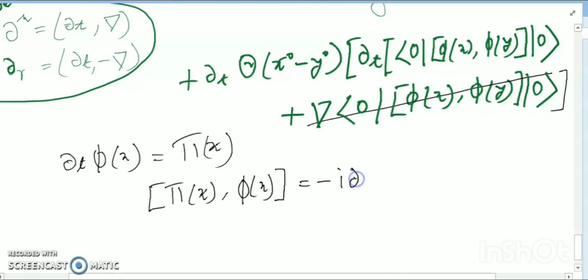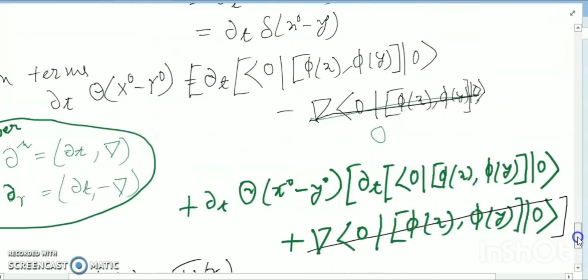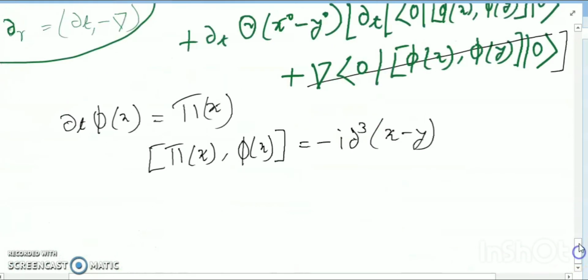This commutator I used a lot of times. Check my videos, quantum field theory. Here also I mentioned these commutators. So now these are the results, and these results are important to know.